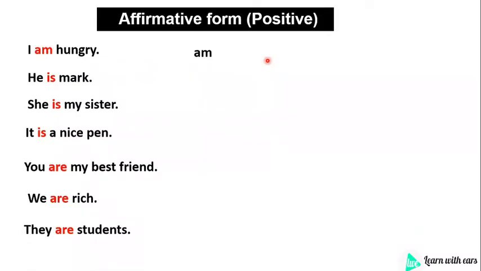Okay? So here, this is am. We can write am in short form also. This is the short form of am. Okay? So this one is apostrophe m. The apostrophe tells us that the beginning part of the verb is missing.